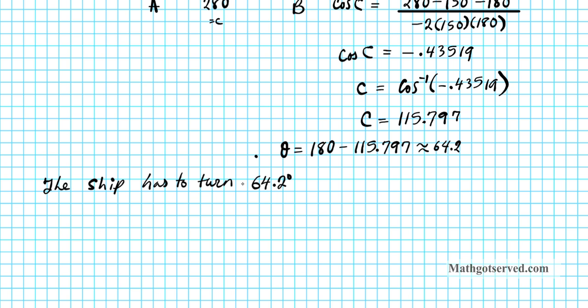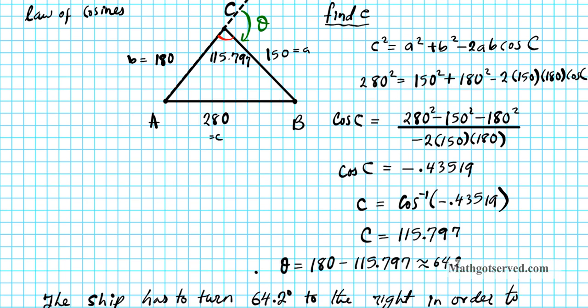Technically it should be negative 64.2 degrees, but 64.2 degrees to the right in order to be back on course to its original destination of B. Let's see how that solution looks in the diagram.